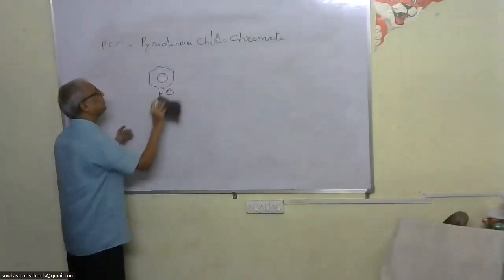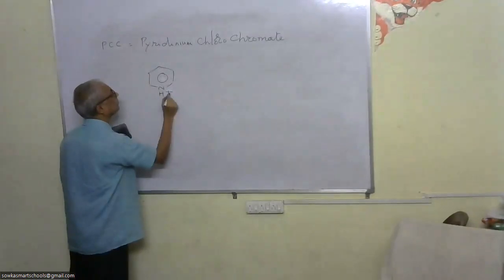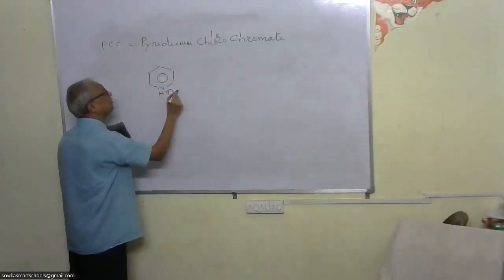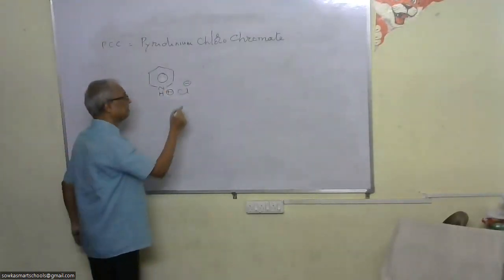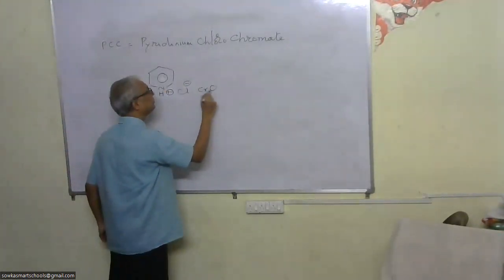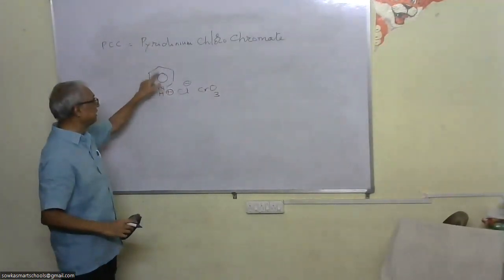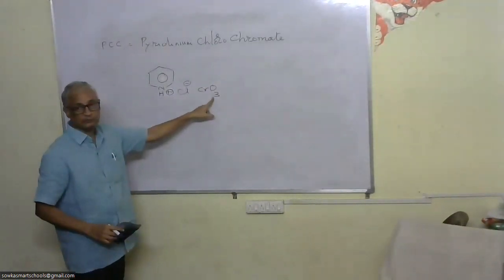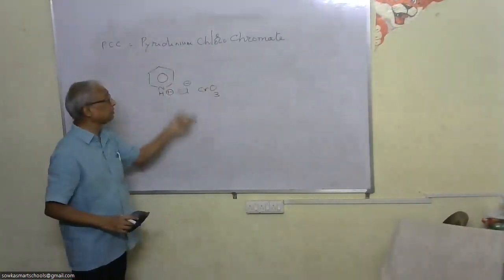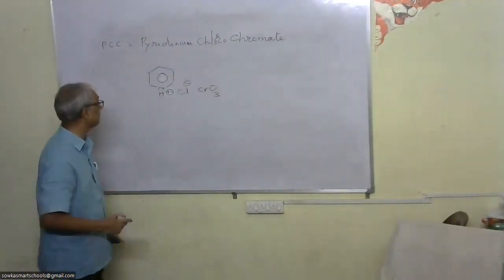This is the pyridinium ion, and that positive ion is associated with the Cl minus ion. And there is CrO3 also. This is pyridinium chlorochromate. This is the structure of the PCC. That is a mild oxidant.